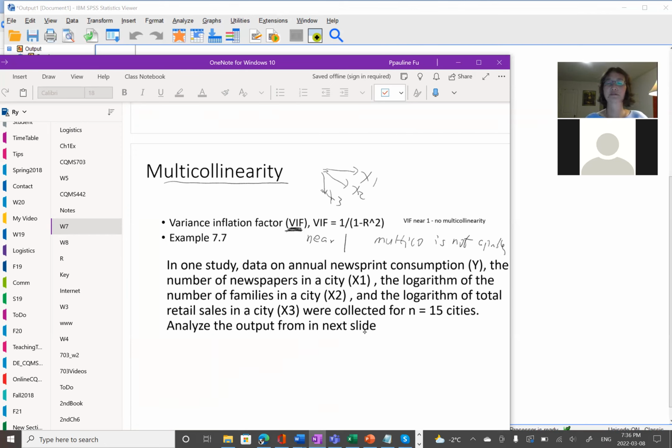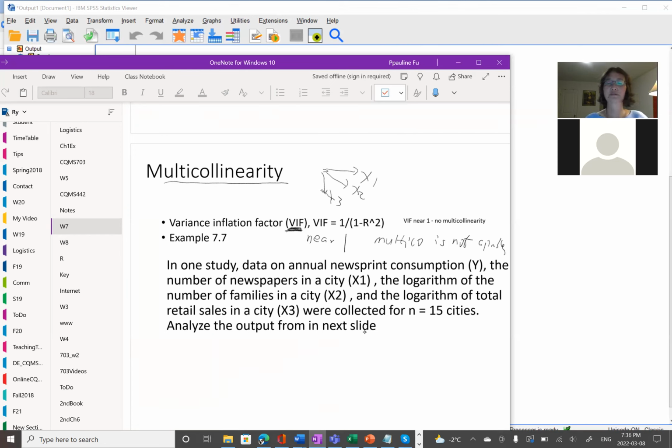Between X1 and log X2, the correlation is 0.6, a moderate correlation. Between log X2 and log X3, it is 0.9, a very strong correlation. So these two variables are strongly related.